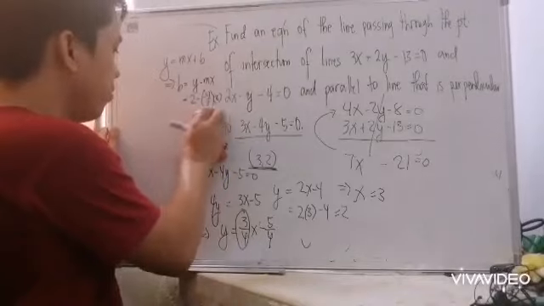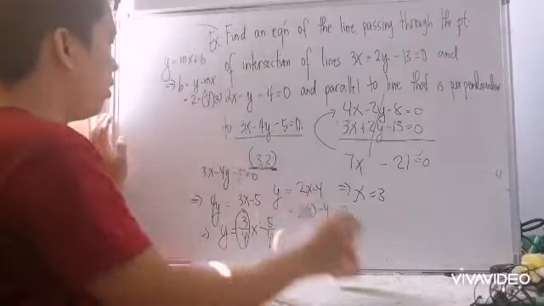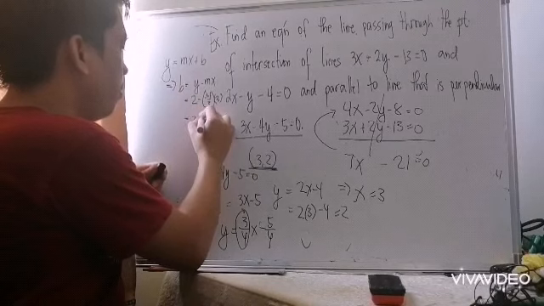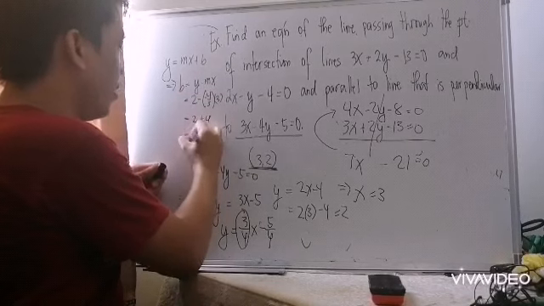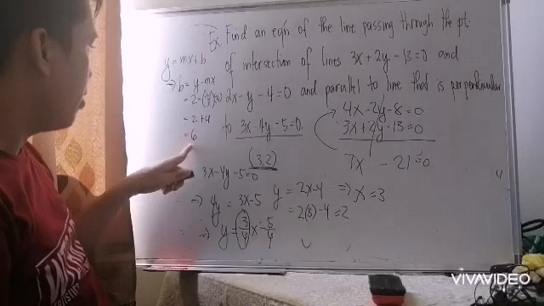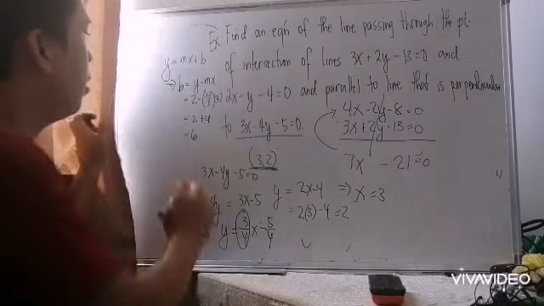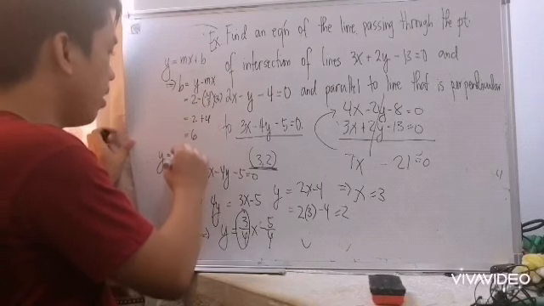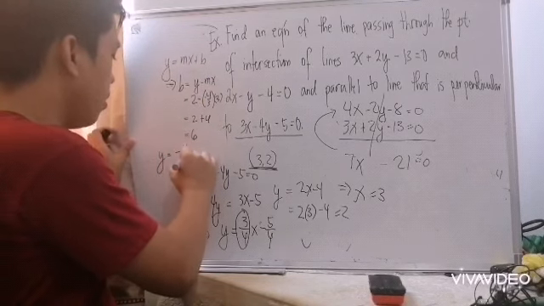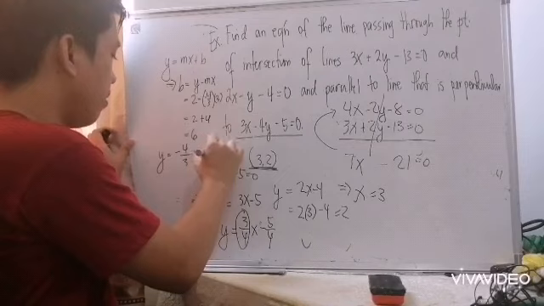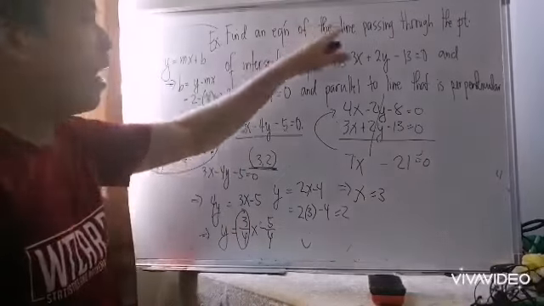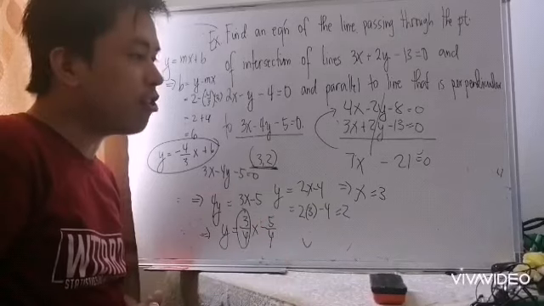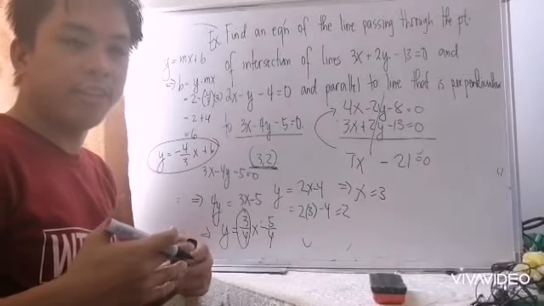So you'll get 2 plus 4, so you'll have 6. So our y-intercept is 6. So solving for the equation now, our slope is negative 4 over 3 x plus 6. So this is now the equation of the line that we're looking for. Okay? So if you have question, you can comment down there.